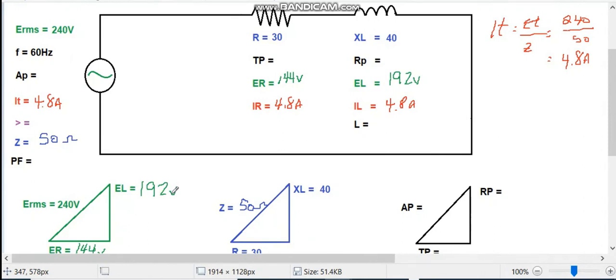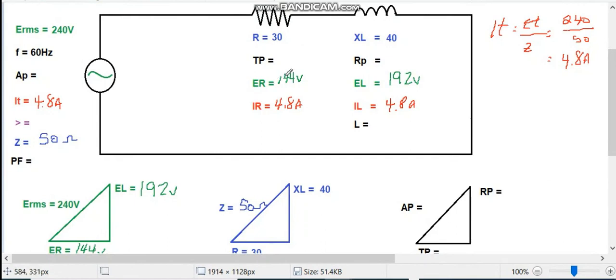All right, so let's find some powers. So remember that true power is when I have my voltage and my current in phase with each other, or in other words, a purely resistive circuit, or a purely resistive component within the circuit.